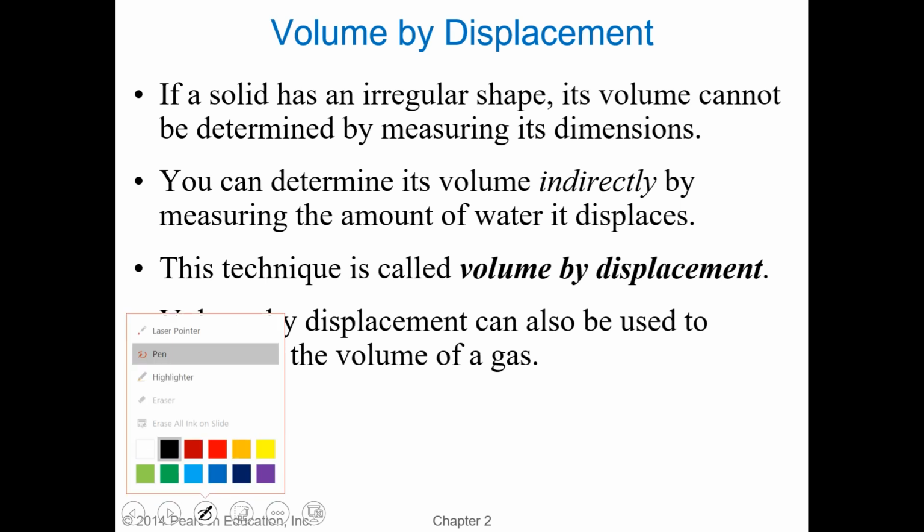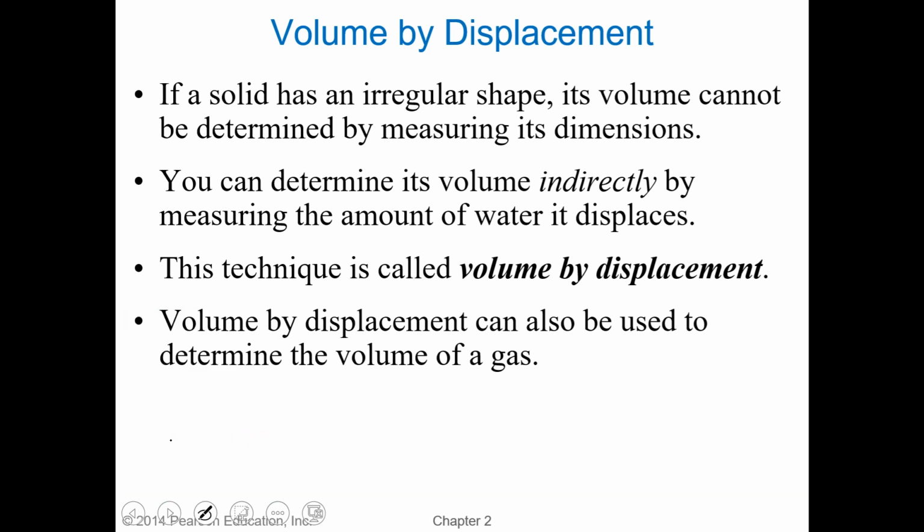The next kind of volume we have is volume by displacement. Volume by displacement literally means I have some uneven object, maybe a rock from the parking lot, or a pine cone, or I don't know, a pen or something that we just can't measure length times width times height, but we still want to know the volume of it.